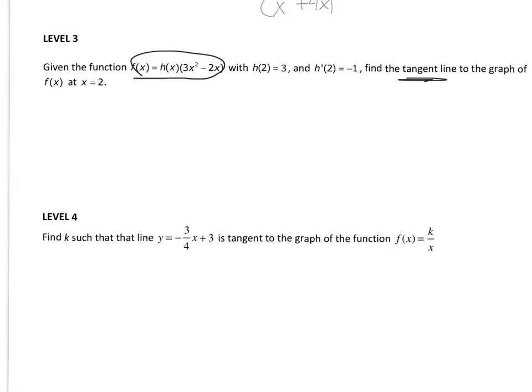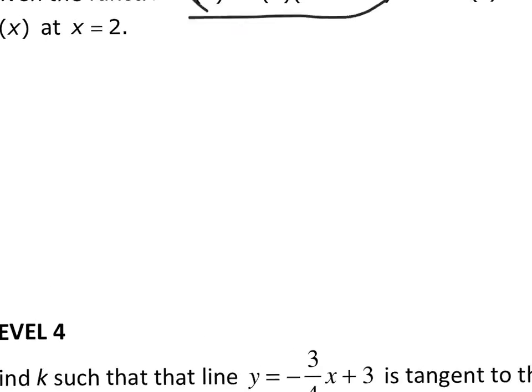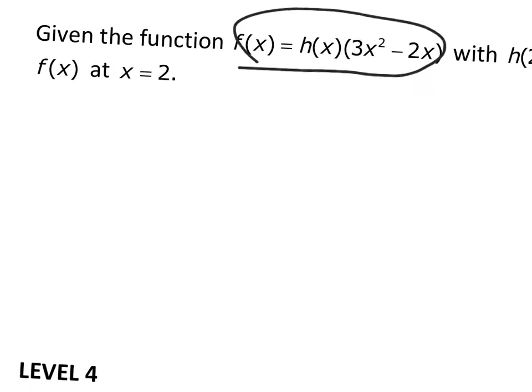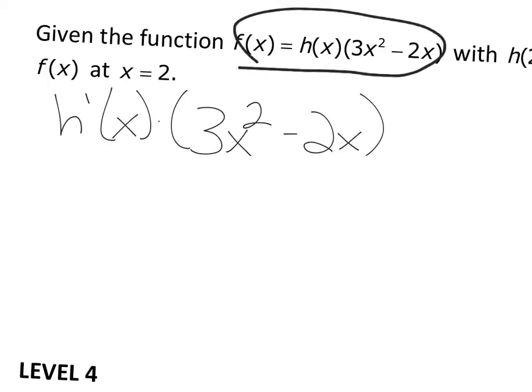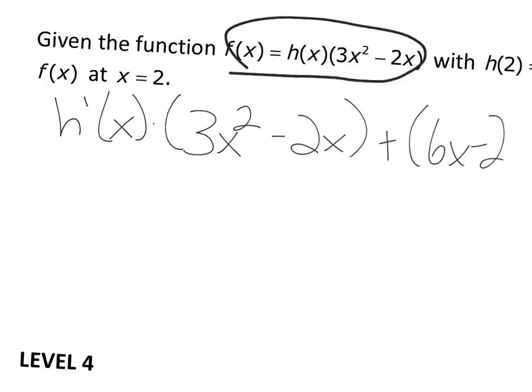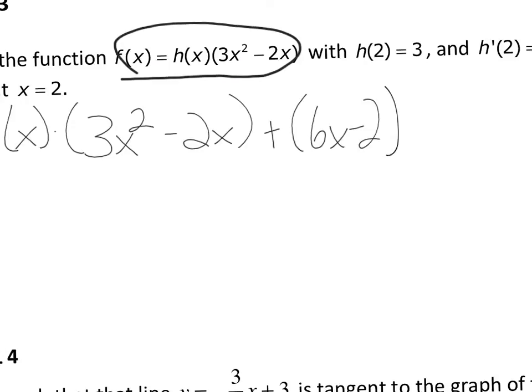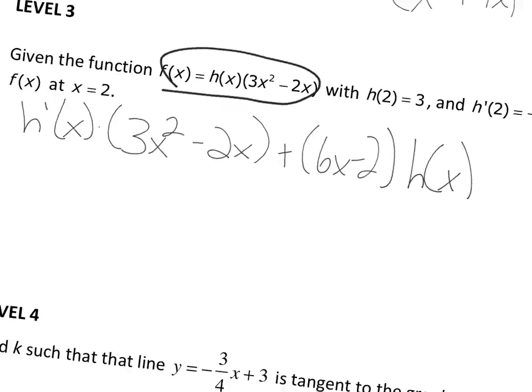My product rule states that I will take the derivative of the first expression and multiply it by the second expression. So I have h prime of x times 3x squared minus 2x. I can then add the derivative of the second expression, which is 6x minus 2, and multiply that by the initial expression, h of x. So therein lies my derivative.